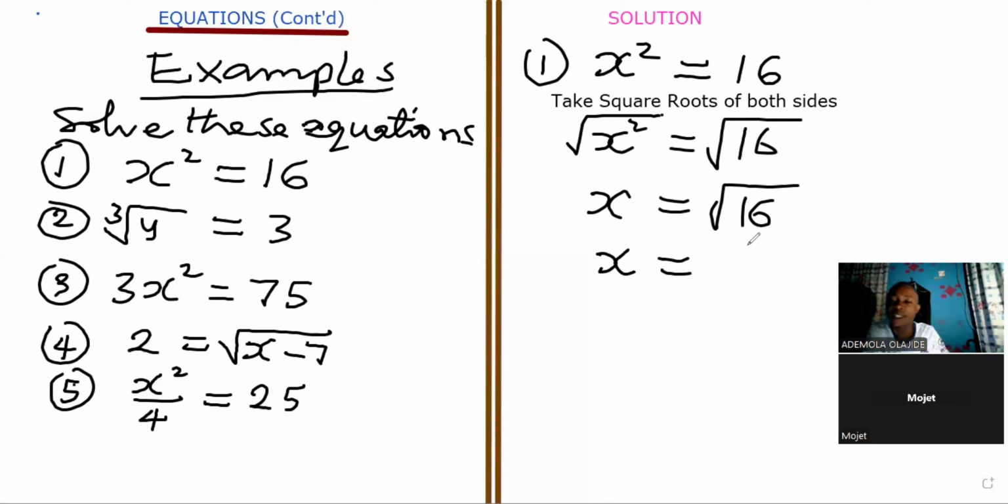If you say 8 times 8 is 64, it doesn't give 16. So what number multiplies itself to give 16? It must be the same number multiplying itself. It's either you say 2 times 2, or 8 times 8, or 7 times 7. That number must multiply itself to give 16. What number is that?